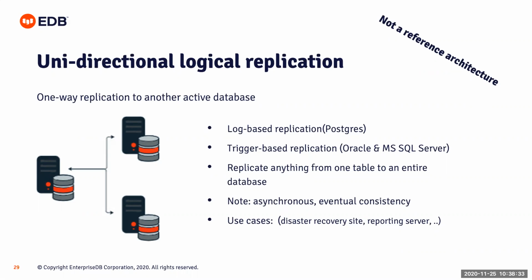So you replicate this data from wherever it is operational into Postgres, and now you can use that as the source for all your reports. You can also use this for disaster recovery or a different kind of disaster recovery.